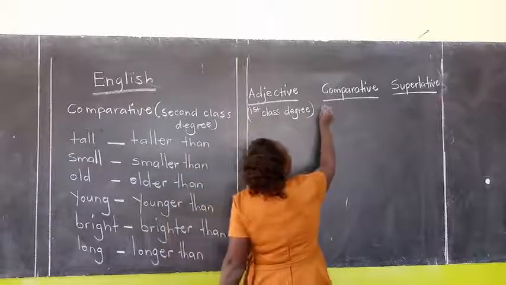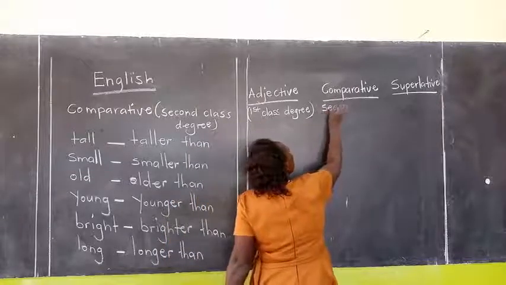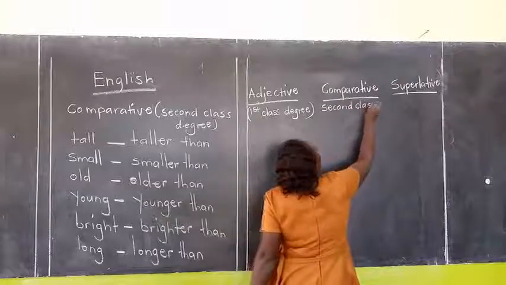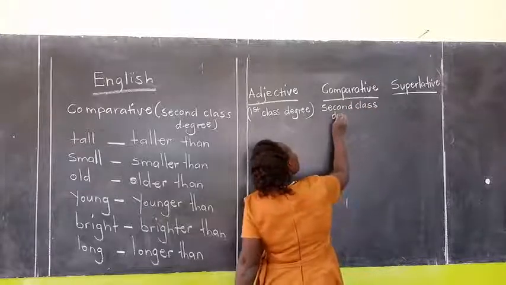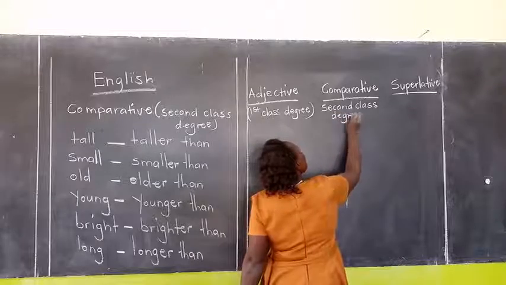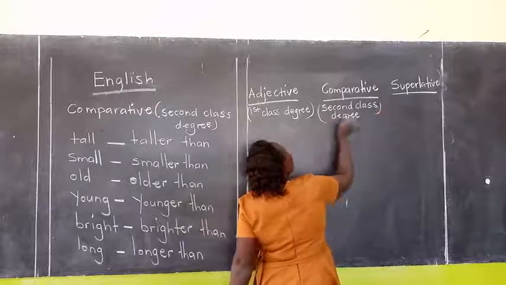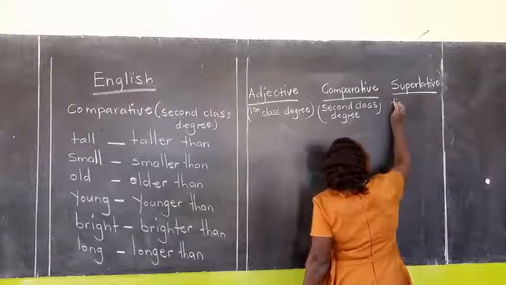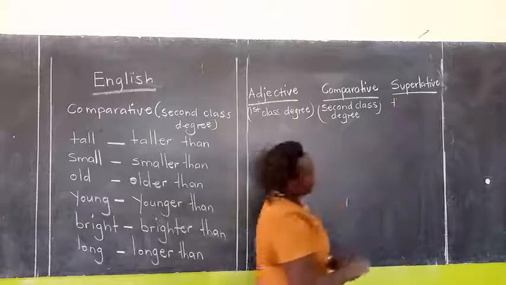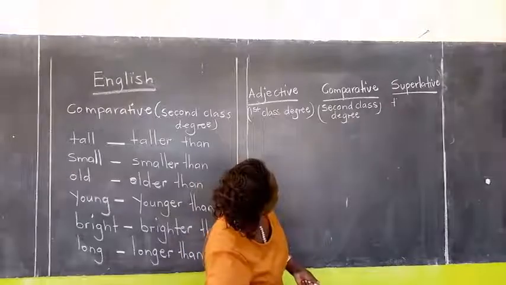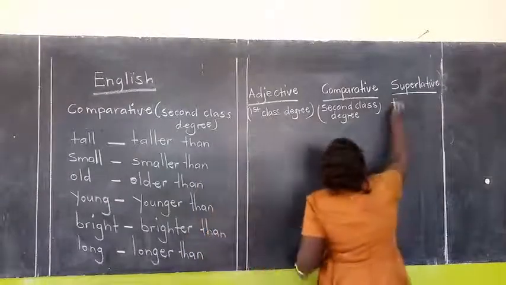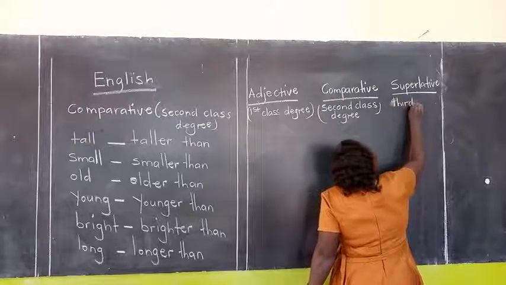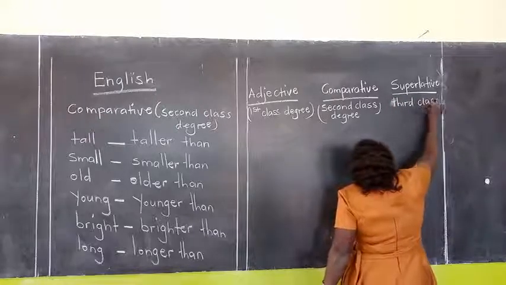Then this one here, second class degree. Then the third one is this one here, the third class degree.